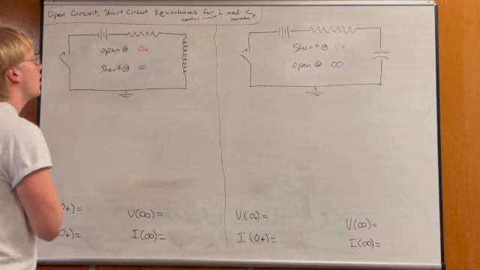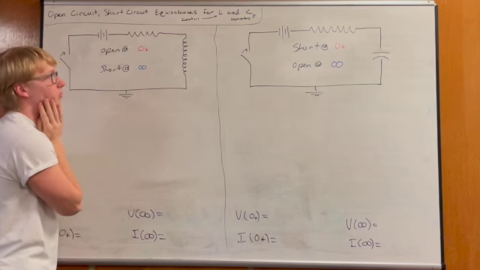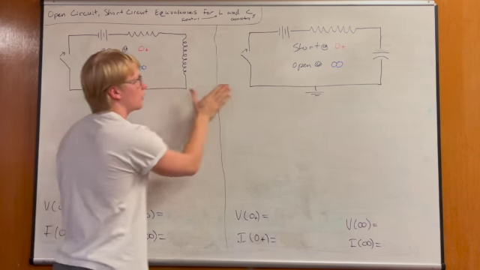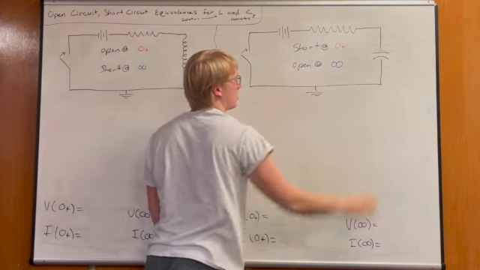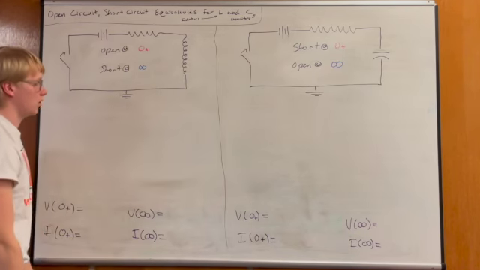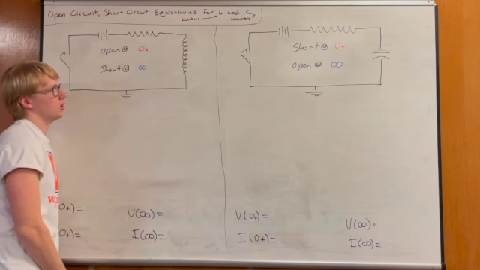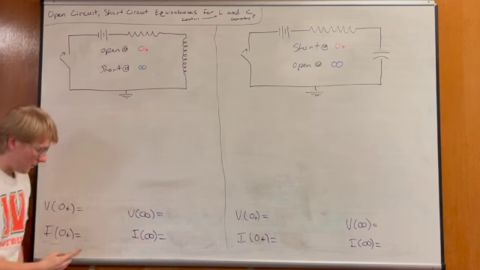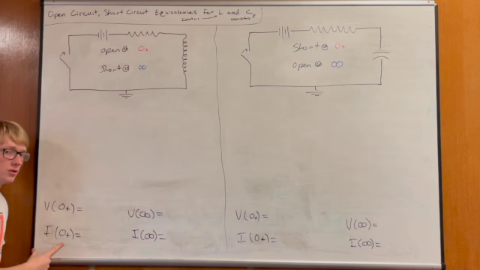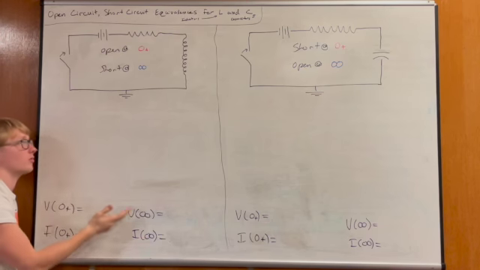And so what we're gonna do is evaluate both of these circuits, the one with the inductor and the one with the capacitor, to find what the voltages are and the currents are right after we connect the switch, and a long time after we connect the switch.